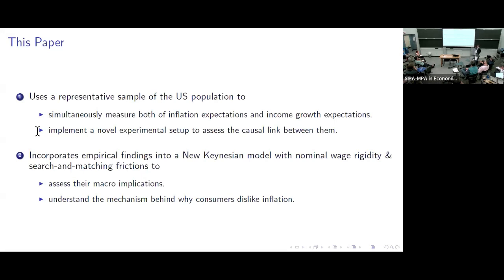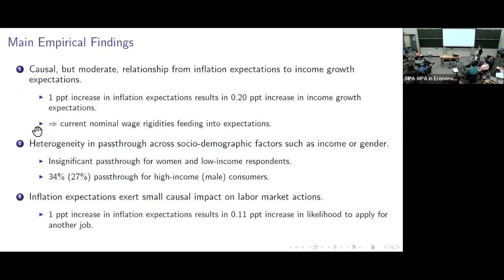So the model, why do we need it? The model is there to assess the macroeconomic implications of what we find empirically. And second, for us to try to understand the mechanism behind why consumers dislike inflation. So on the empirical front, let me give you a preview of our results. We're going to find a causal yet moderate relationship that runs from inflation expectations to income growth expectations at the level of only about 20%.